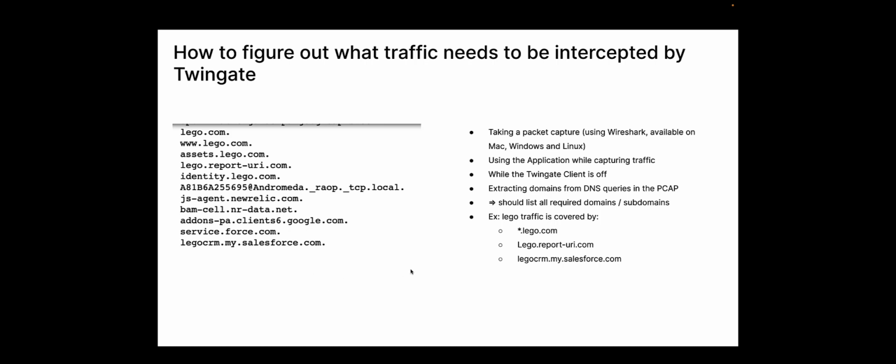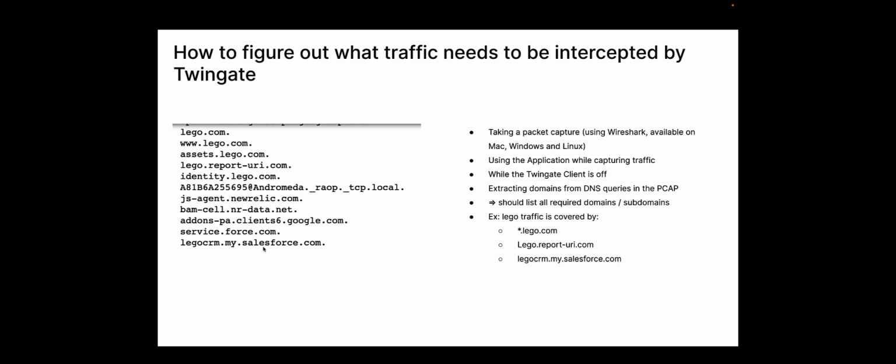So for instance, if you go to the Lego website on lego.com and you run this process of doing a packet capture and then analyzing all of the domains that are queried by this request, you'll see that there are a lot of non-Lego domains. Looks like they use New Relic, for instance. Looks like they use Salesforce, at salesforce.com.